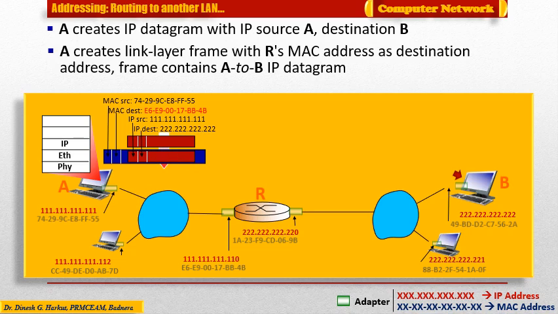Here you can see that the source MAC address is the same, that is 74-29-9C-E8-FF-55, but the destination MAC address is this, the address associated with the first hop router, not that of the destination.